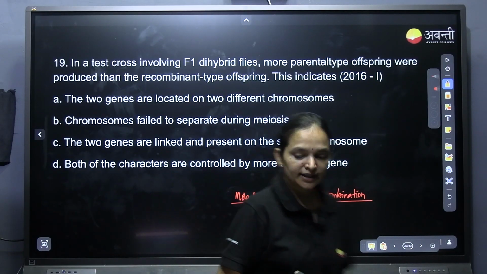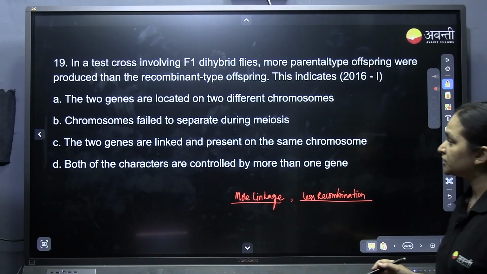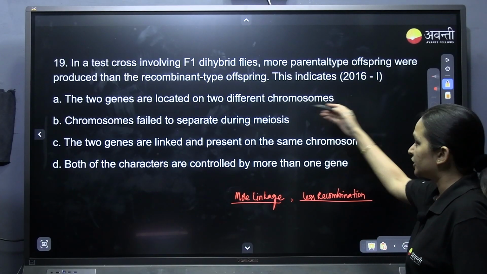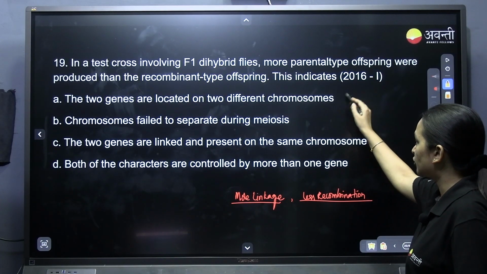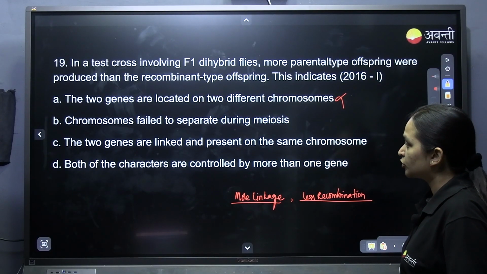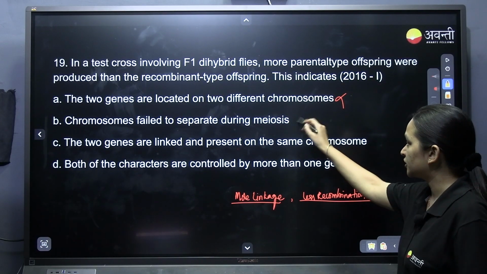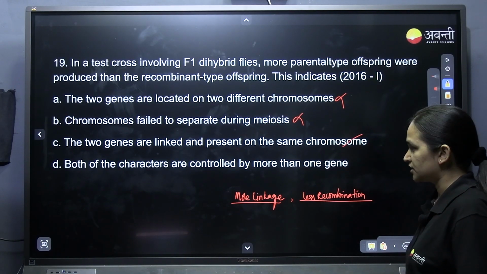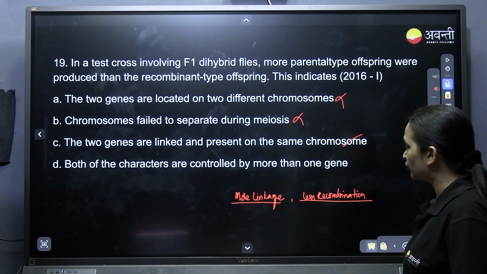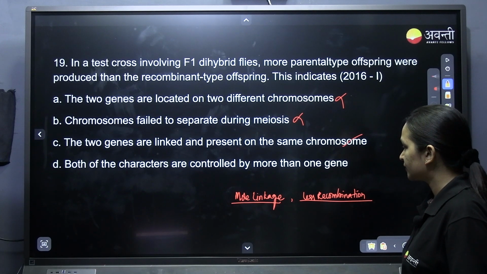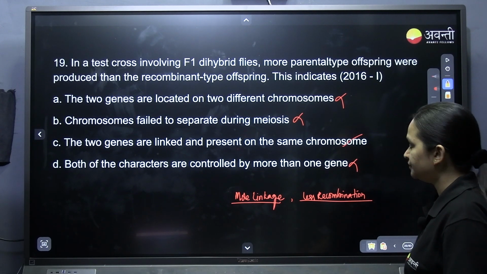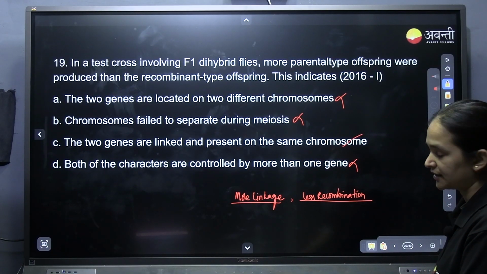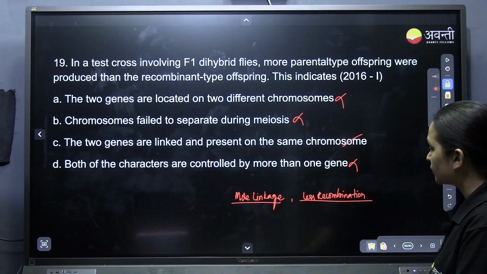That's why less recombination. The 2 genes are located on 2 different chromosomes? We said less recombination. If there were more, then more recombination would have taken place. Chromosomes fail to separate during meiosis? No, can't be. 2 genes are linked and present on the same chromosome? Yes. Both the characteristics are controlled by more than 1 gene? No. Then it would be polygenic inheritance. So, we got it.